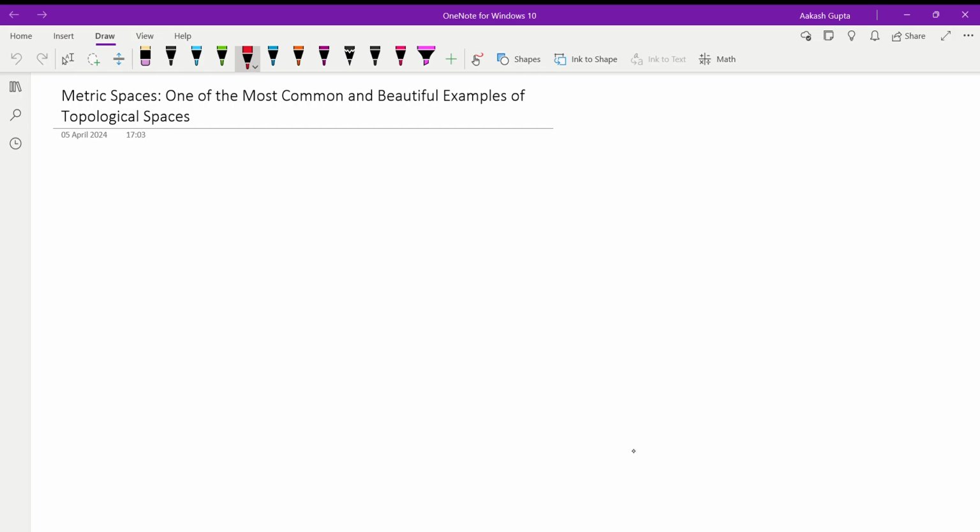Okay, so I assume that you are already equipped with sufficient knowledge of metric spaces. Let me still redefine it for you. So, definition of metric spaces.